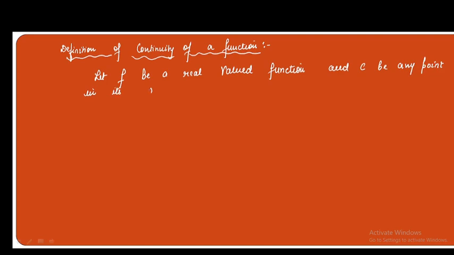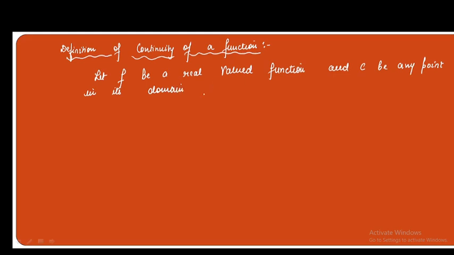Got it? Now we come to the definition of continuity of a function. Let f be a real valued function, which means it should have only real values. And let C be any point in its domain.